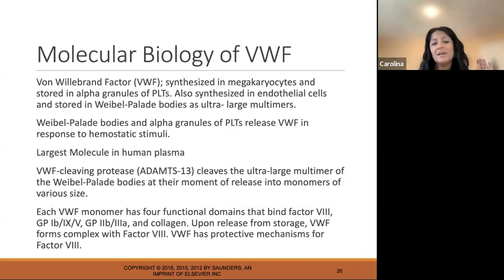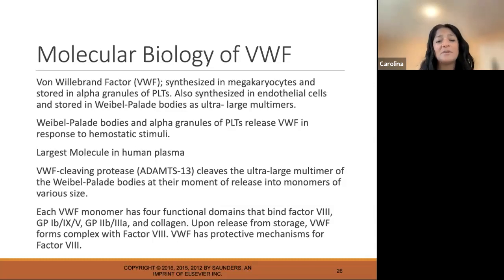So this protease cleaves it into a nice monomer. Each von Willebrand factor monomer has four functional domains that bind to factor 8, glycoprotein 1B, glycoprotein 2B3A, and collagen. We'll talk about that in a little bit, okay? Once it gets released from storage, von Willebrand factor forms a complex with factor 8.